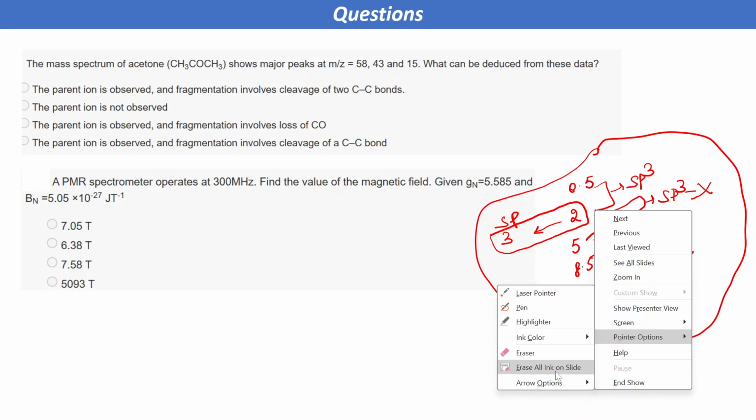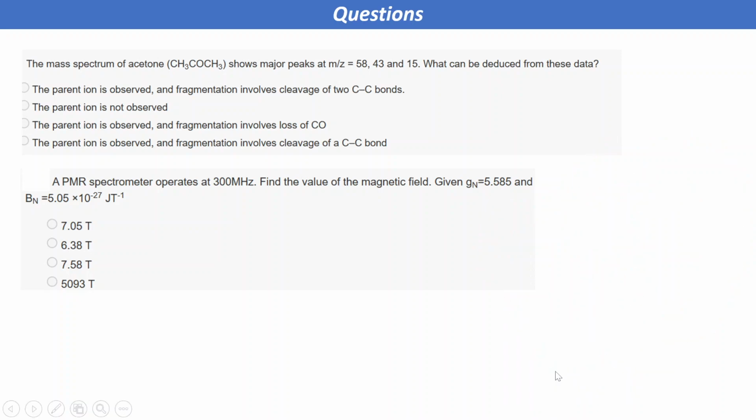Yes, ma'am. Okay. So we were discussing the mass spectrum of acetone. Basically this is the structure of your acetone, CH3 CO CH3.